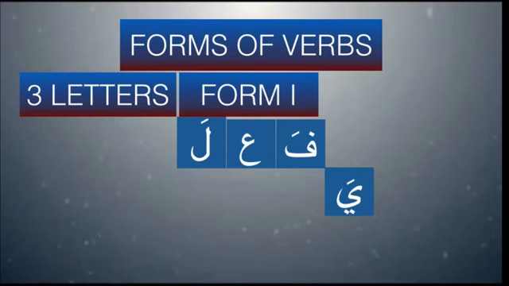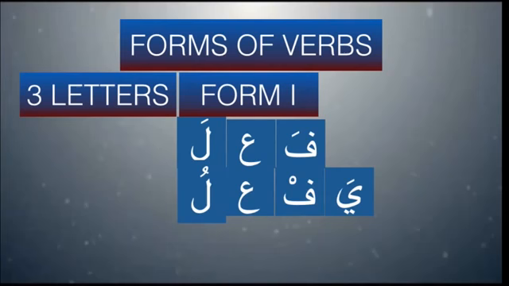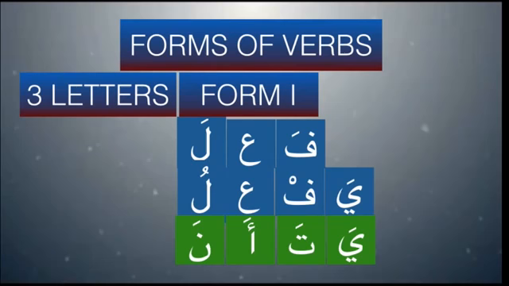In the mudari', the alamat mudari' will have a fatha in a three-letter verb, the fa kalima will have a fatha sukun, the ain kalima is where the vowel sign changes, and the lam kalima will have a dhamma in the marfu form. The alamat mudari' are ya, ta, a, and na with the fatha.